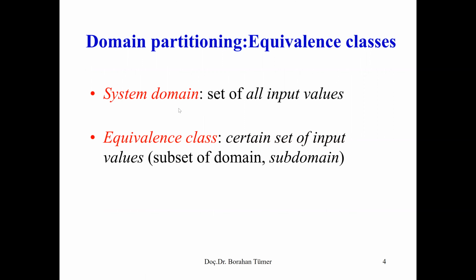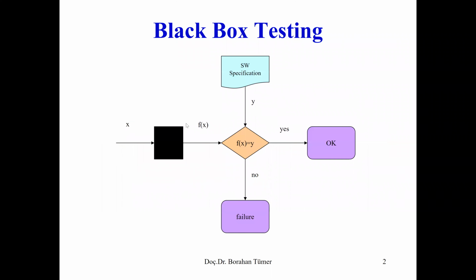System domain is just like a function domain, for example. If we have a function f and want to analyze f of x, we want to know its set of inputs. This we call the domain.